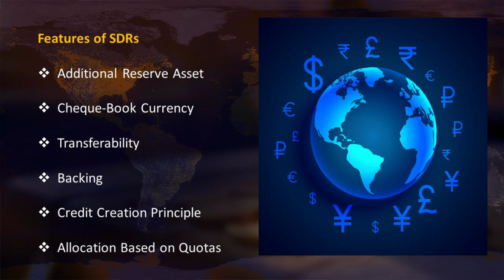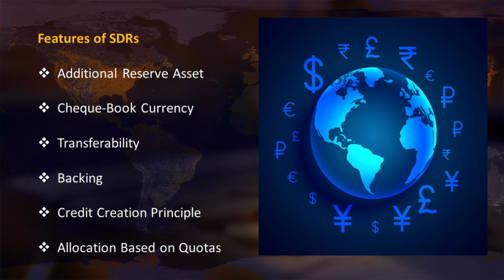You can transfer Special Drawing Rights from one member country to another, just like exchanging gold and major currencies. So SDR can be exchanged for convertible currencies from IMF designated member countries with strong reserves.